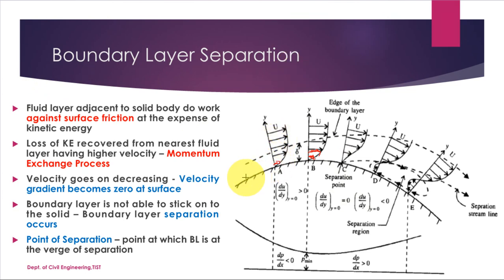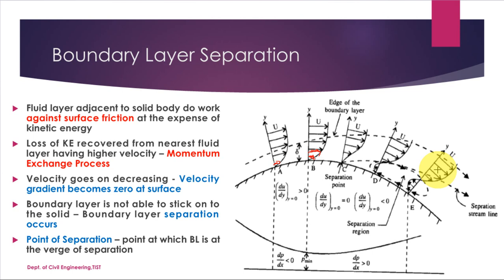When the fluid is moving, it experiences a resistance from the solid boundary, and the fluid particles fight against the resistance by losing their kinetic energy. They take some energy from the adjacent layer, which has higher energy, and keep moving, but the velocity still goes on decreasing.